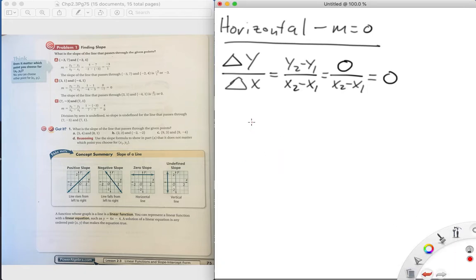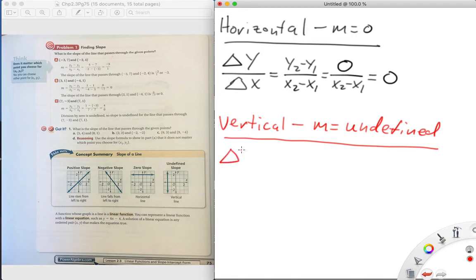When we have an undefined slope, or a vertical line, our slope is undefined. So when we do the same equation, change of y over change of x, which is y2 minus y1 over x2 minus x1, it's going to be y2 minus y1 over 0.